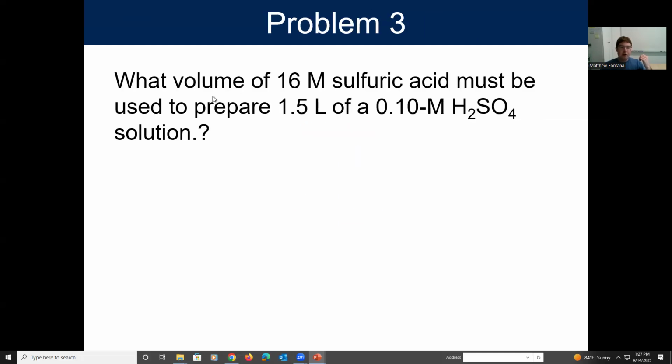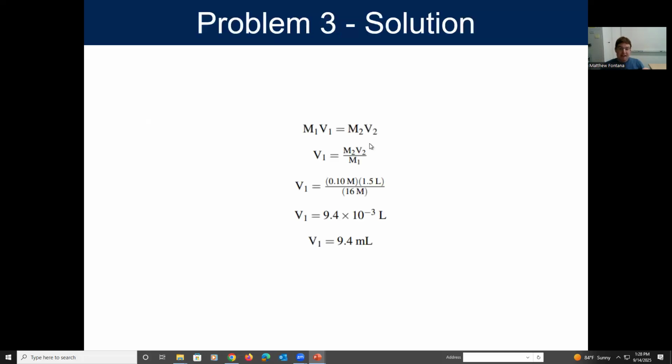They're asking what volume of 16 molar sulfuric acid must be used to prepare 1.5 liters of 0.10 molar sulfuric acid. So it's what volume must I start with to dilute it down to 0.10 molar and have a total volume of 1.5 liters. In this case, I need to solve for V1. What volume must I have to dilute?